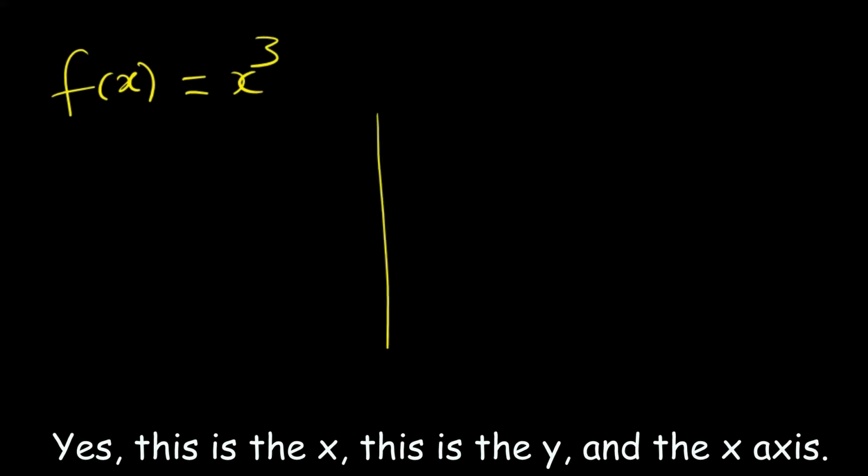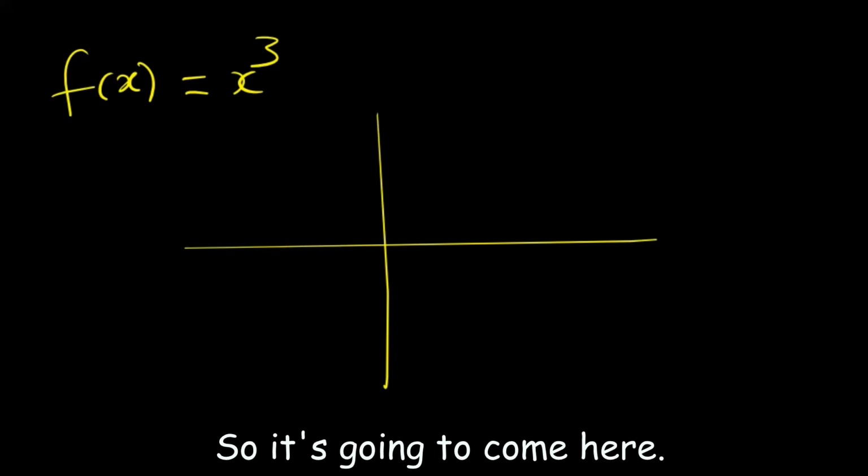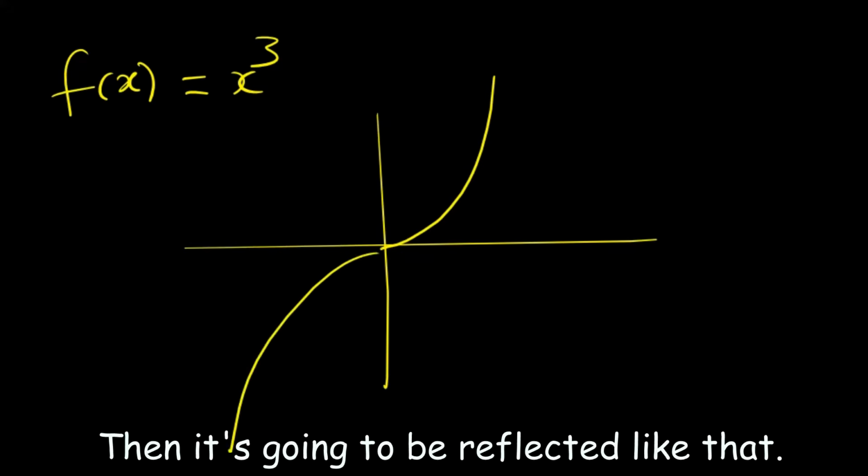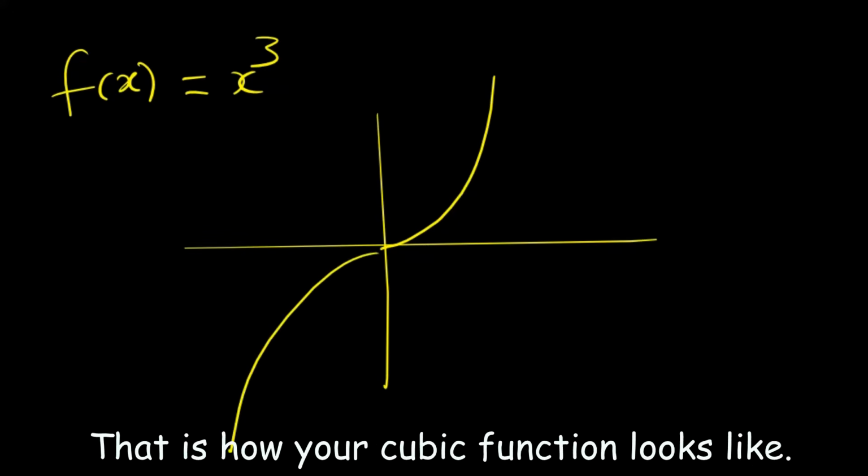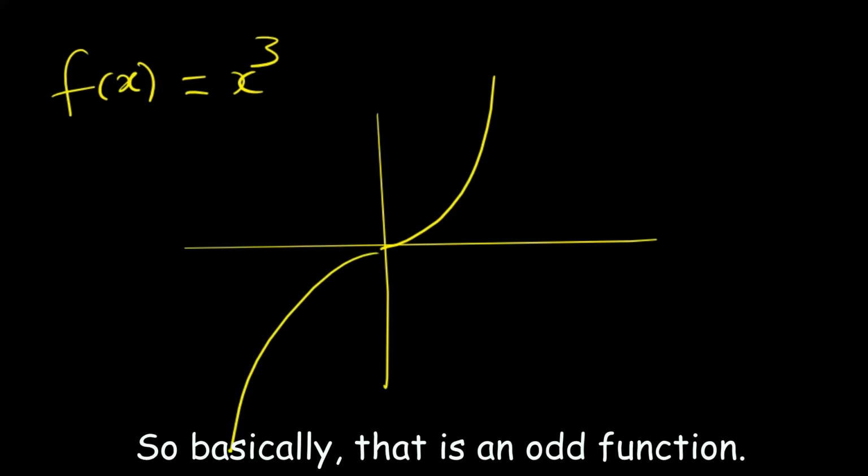Let's say this is our y and our x axis. It's going to come here, then it's going to be reflected like that. That is how your cubic function looks. So that is an odd function.